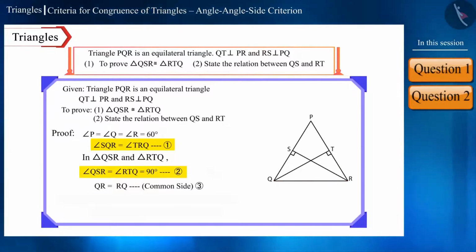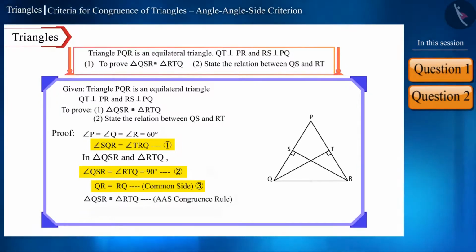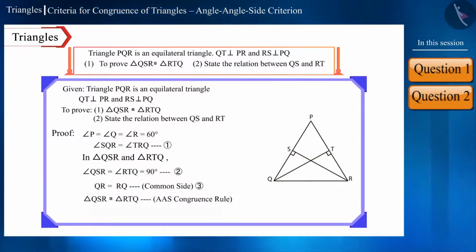Looking at equations 1, 2 and 3, we can say that these triangles are congruent according to the angle-side or AAS congruence rule. If these two triangles are congruent, then their corresponding parts will also be congruent. Therefore, these two sides will also be equal.